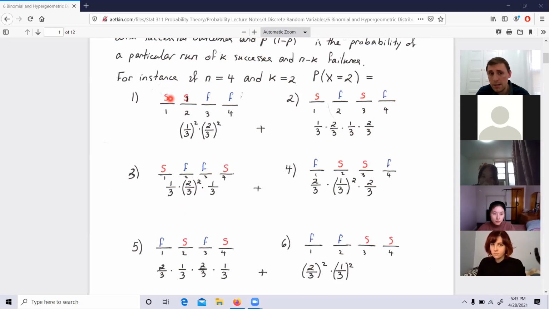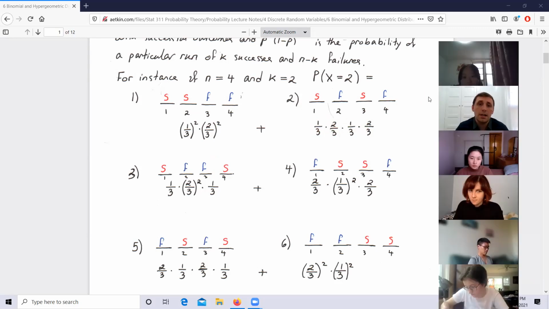I can get the 2 successes first, followed by 2 failures. That would be 1/3 squared times 2/3 squared. Or I could get a success, failure, success, failure, in which case it's 1/3, 2/3, 1/3, 2/3. In each case, you can see that the product is the same, right?